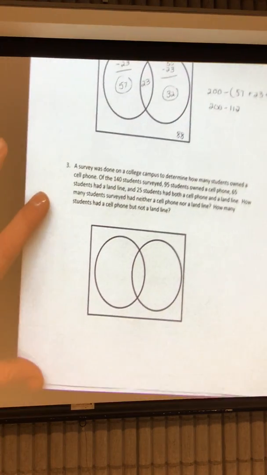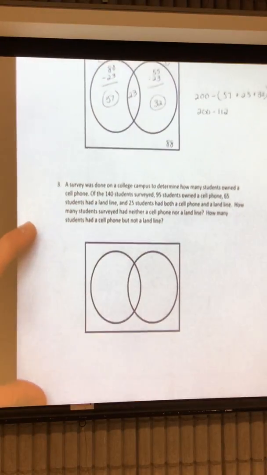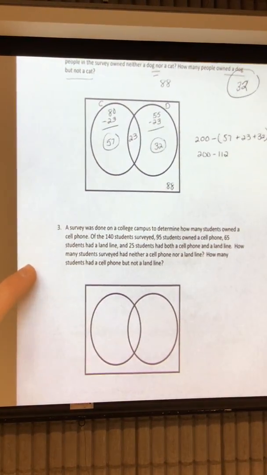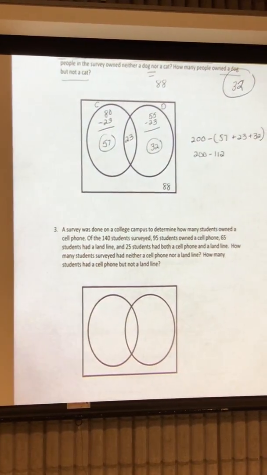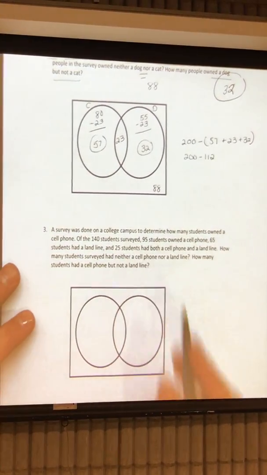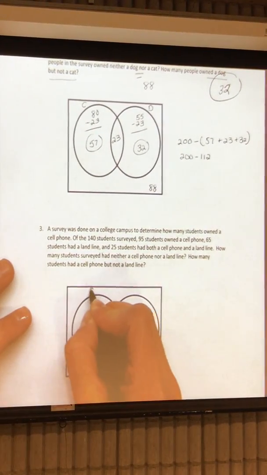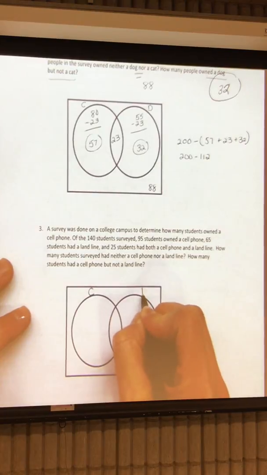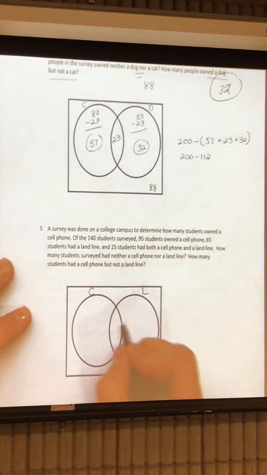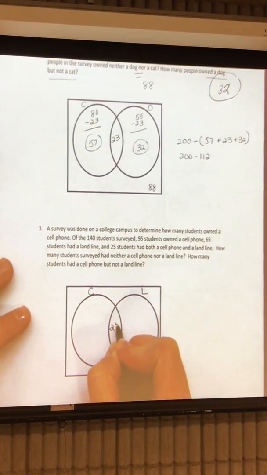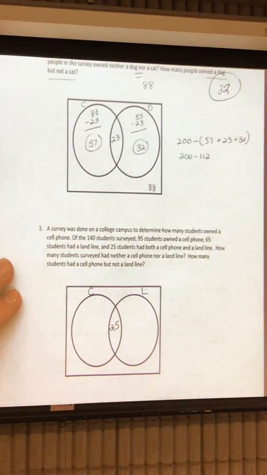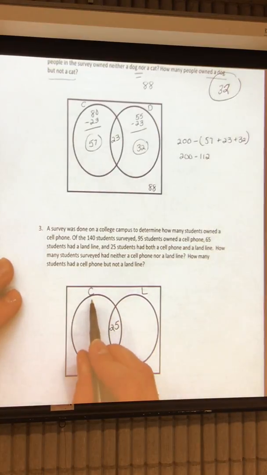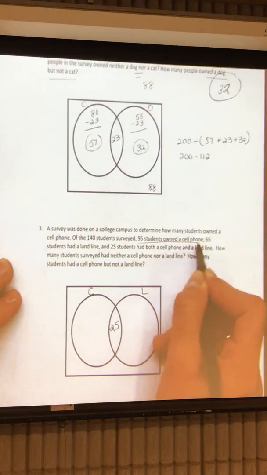Moving on to number 3, we do the same as we did with number 2. We first start with the middle. So here we have a cell phone and a landline. 25 students owned both cell phone and landline. So again, the cell phone, we know 95 owned a cell phone.